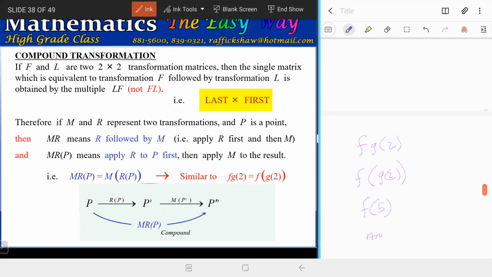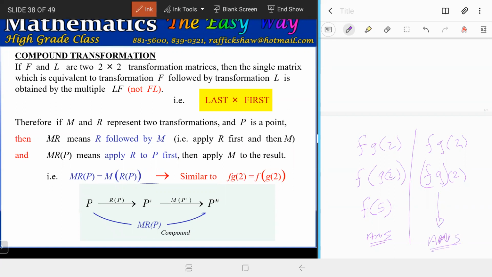Otherwise, I can form a composite function F of G, work out the full F of G function first, and then apply it to the 2 and get my final answer.